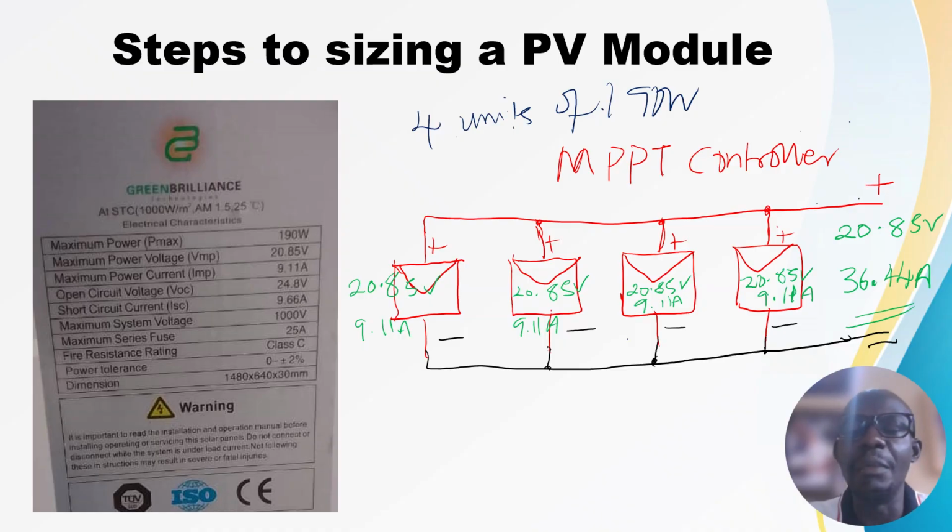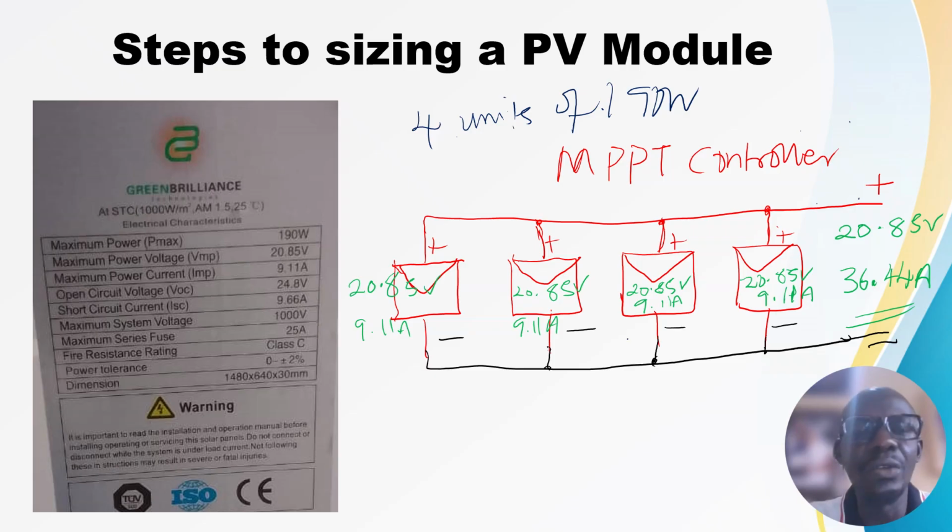So I'm using an MPPT controller. I can decide to do this. My MPPT will do justice, and you know that there are different levels of charging. We have floating charge, we have absorption, we have equalization charge. All these things, the MPPT will do justice to it. And if I'm not connecting like this, I can decide to connect two in series, that is to have two strings, and then do a parallel connection at the end.